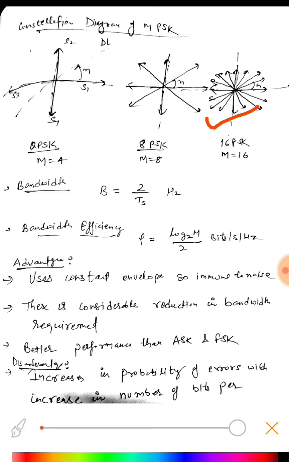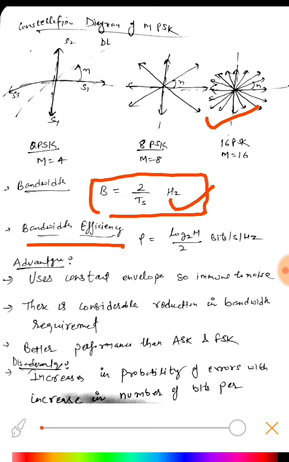Okay, so bandwidth of an M array PSK system is given as 2 by Ts hertz, where Ts is the duration of symbol. Bandwidth efficiency is given as log2 M divided by 2 bits per second per hertz.